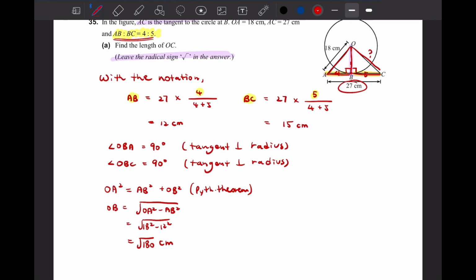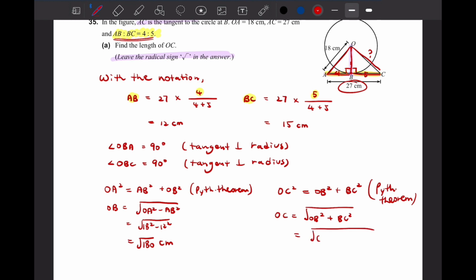And then OB is actually not your final answer yet. So once we have OB and we also have BC, then we can use our Pythagoras theorem again. So in triangle BOC, OC squared is equal to OB squared plus BC squared. And then therefore your OC is equal to the square root of OB squared plus BC squared.